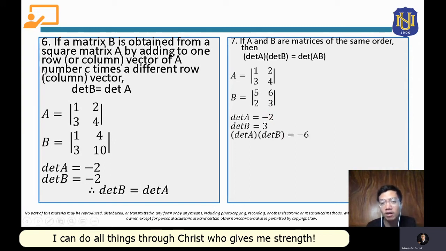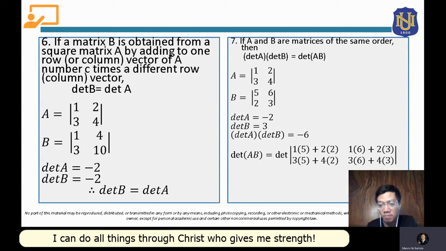Solving for the product of these determinants, it will just be -6. It will be equivalent if we first solve for the product of matrices A and B, and after solving for their product, we solve for its determinant, and it will also be equal to -6. So this is our seventh property, no?